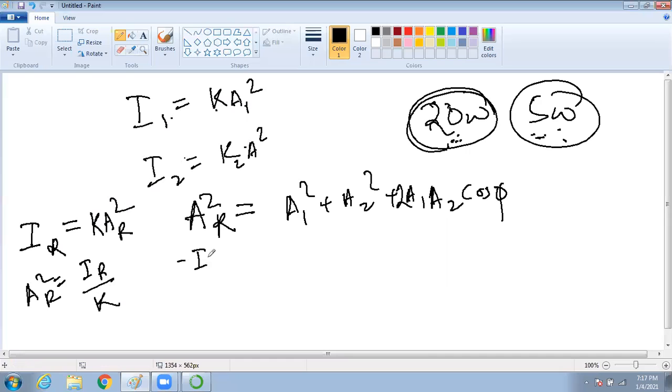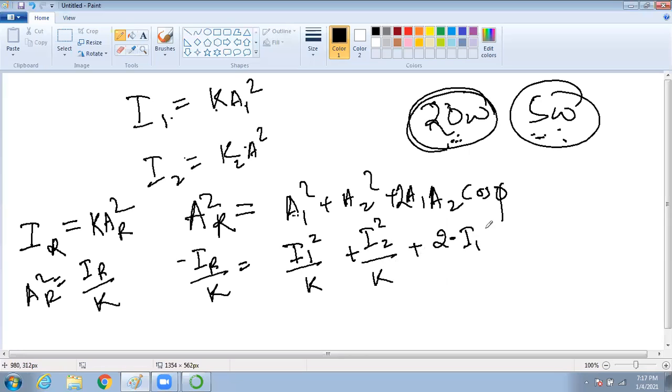Similarly, A1 can be written as I1 square by K, and A2 as I2 square by K, and this one as 2 into I1 square, I2 square by K into cos phi. Am I correct? No, I made a mistake.